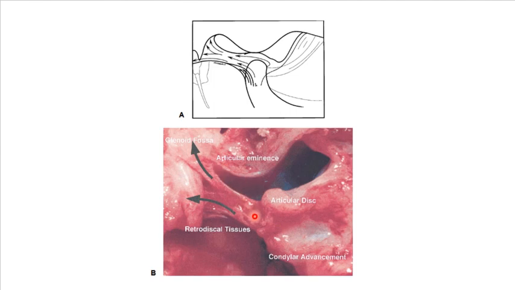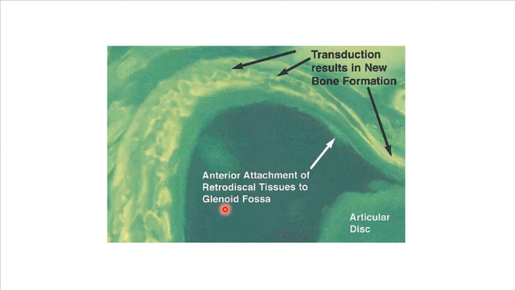If you imagine the pressure-tension theory, there is some amount of stress here from being pulled, and some amount of stress here being pulled away from the fossa, away from the articular disc. So you can see remodeling occurring at the condylar head and also at the glenoid fossa just because it is being stressed apart.